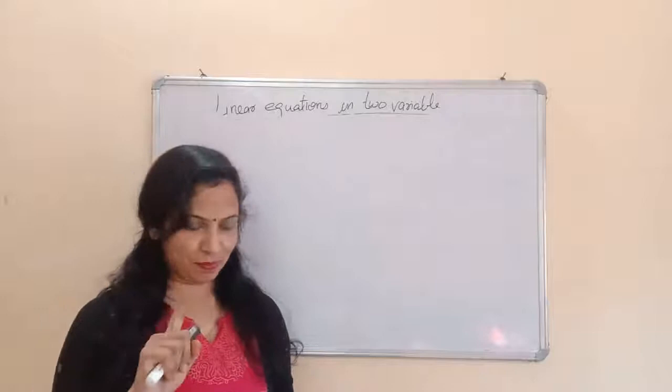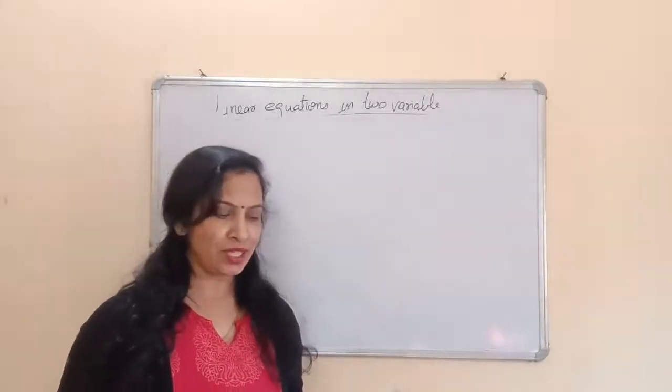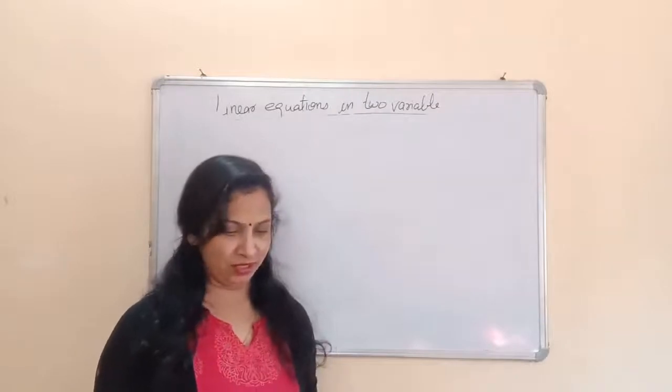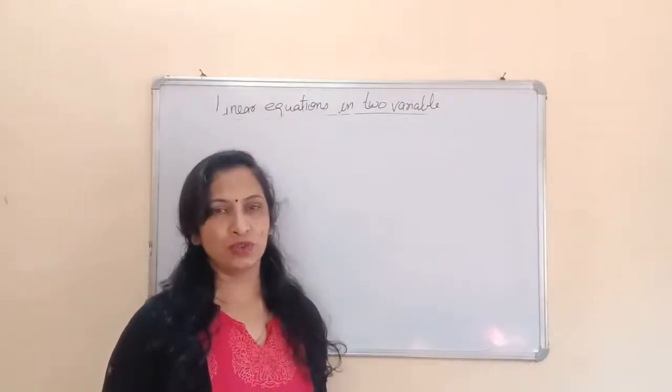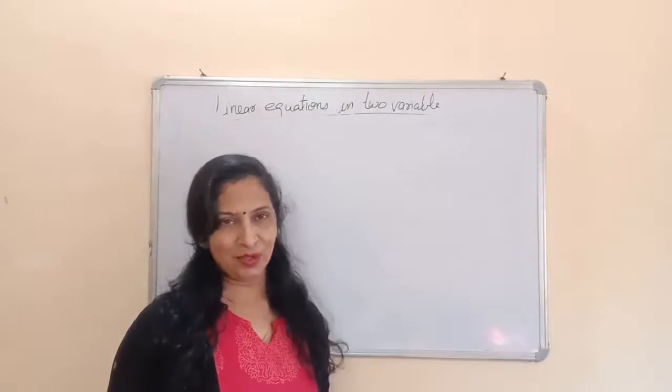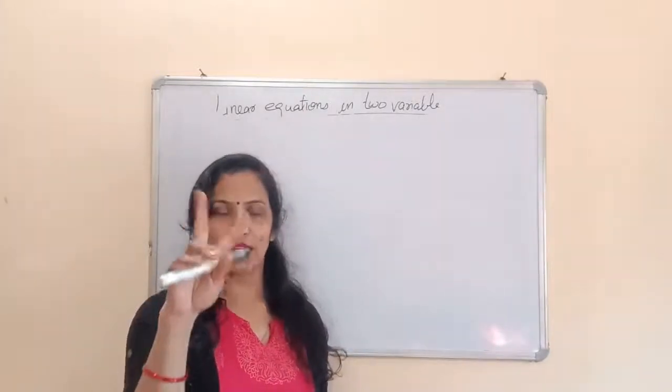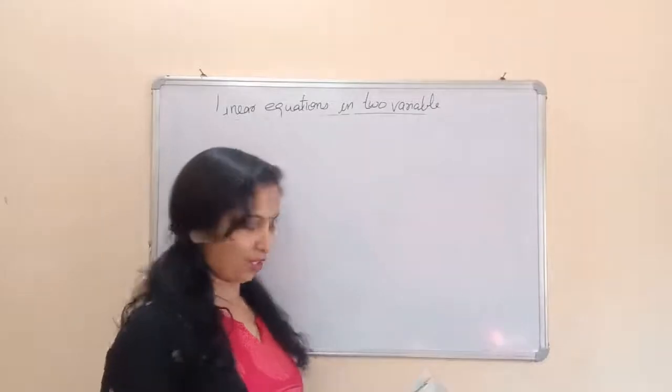Second question, first part. The question is, if we add 1 to the numerator and subtract 1 from the denominator. In the last exercise, you also did the question of fraction. Again, the question of fraction. In a fraction, we know that the upper part is called the numerator and the denominator is the lower part of the fraction.